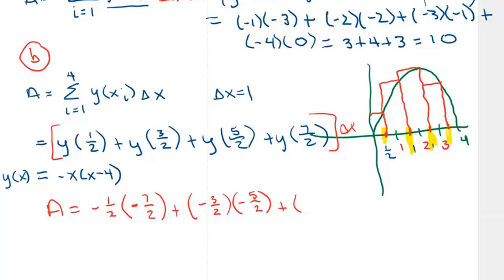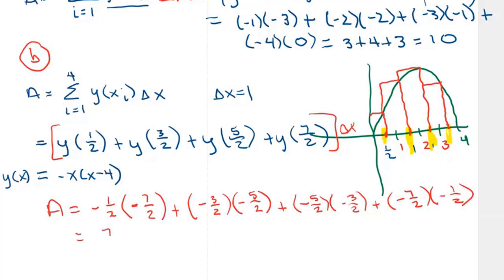The next one's going to be negative 5/2 times, and then we have 5/2. 5/2 is 2.5, minus 4 is minus 1.5, so that's minus 3/2, plus minus 7/2 times 1 minus 1/2. And let's see what we get.